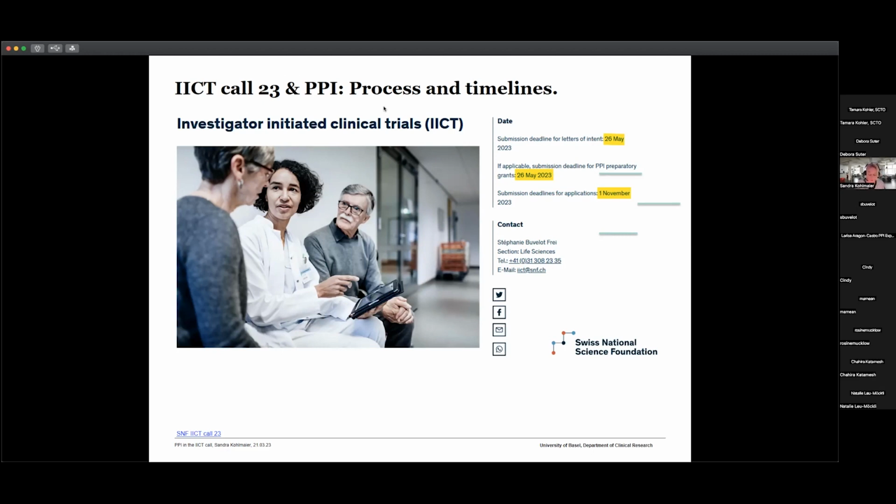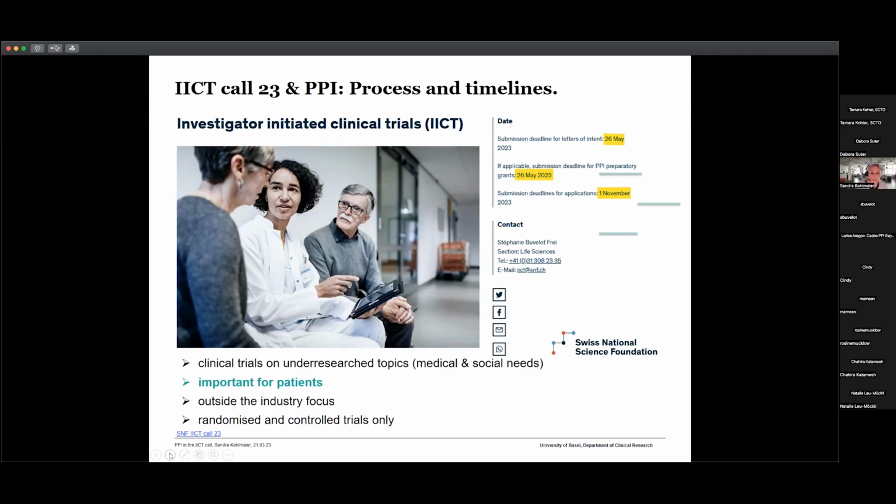But first, you have to check whether your research project really fits to the IICT call. And therefore, I have summarized the main things which are important for your research project to fulfill.